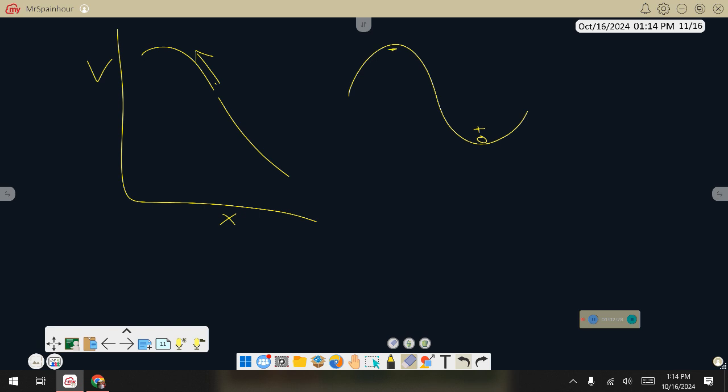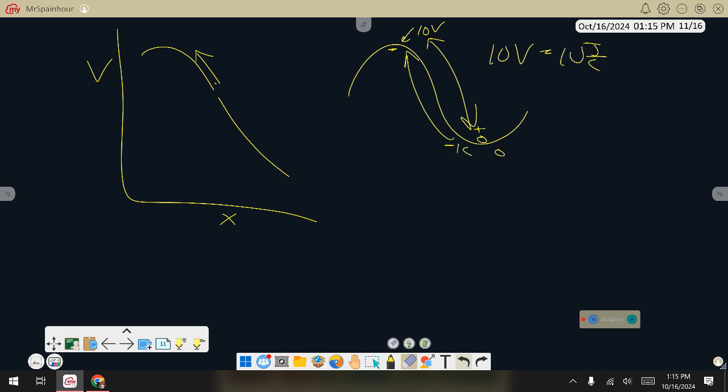Quite frankly, we don't care. Why? Because if that's 10 and that's 0, the potential difference between that spot is 10 volts or 10 joules per coulomb. So if 1 coulomb goes through, I get 10 joules. What happens if a negative 1 coulomb goes that way?